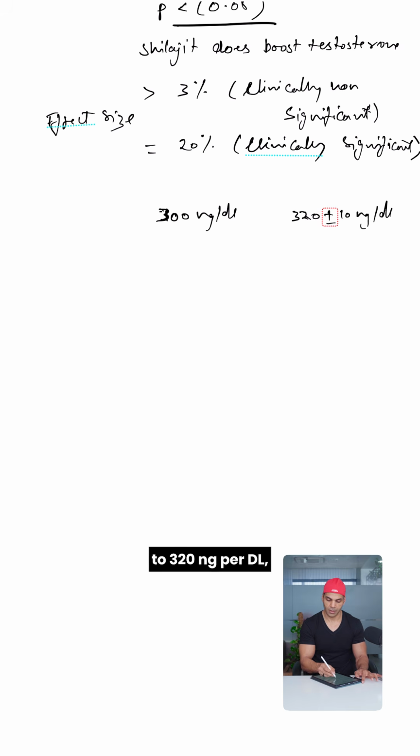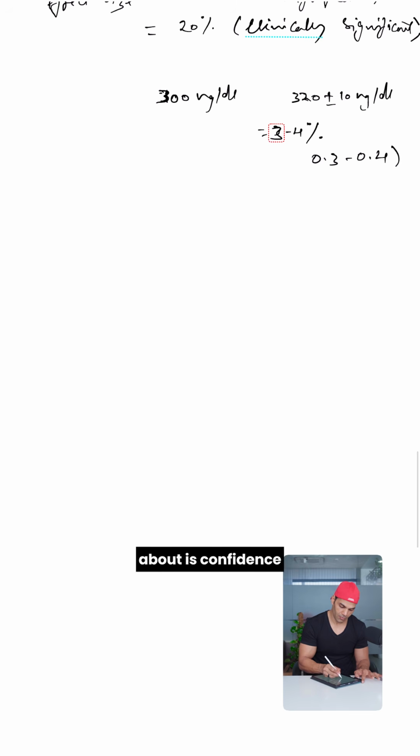So 300 to 320 ng per dl is roughly a 3 to 4% increase, which is not clinically significant. So the effect size is basically 3 to 4%, or 0.3 to 0.4. Now another thing that we have to learn about is confidence interval.